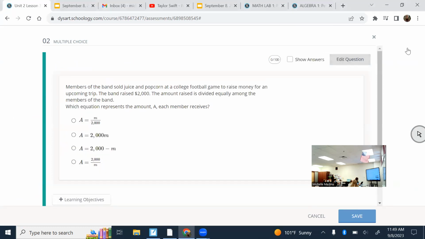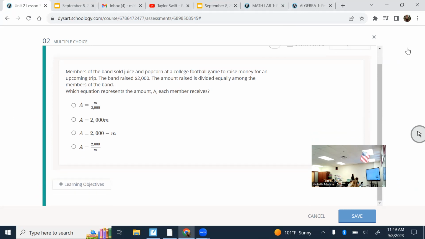Okay, so members of the band sold juice and popcorn at a college football game to raise money for an out-of-country trip. The band raised $2,000. The amount raised is divided equally among the members of the band, which equation represents the amount that each member receives. So look for your signal words.